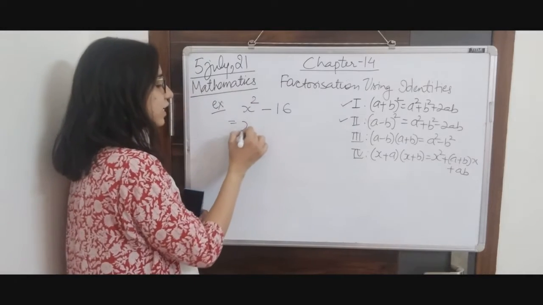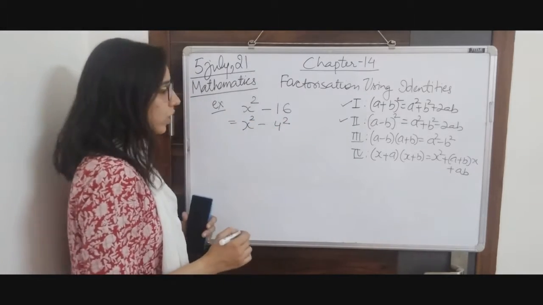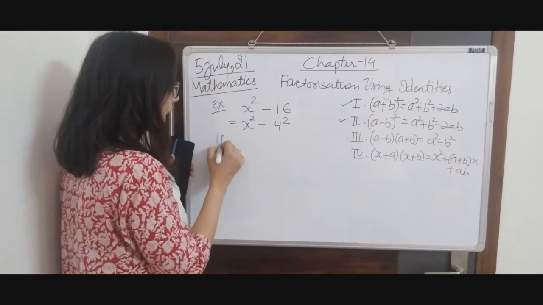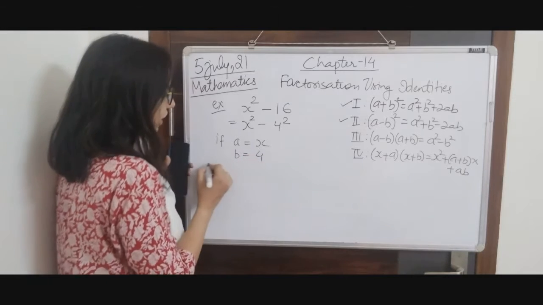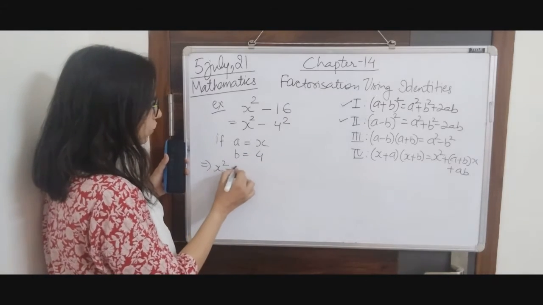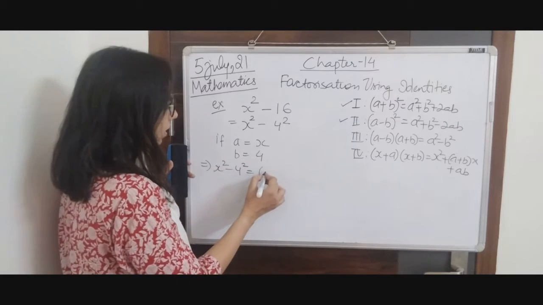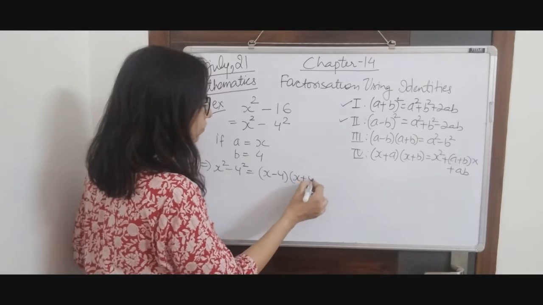We can write this expression as x square minus 4 square. Now if we take a as x and b as 4, we can write x square minus 4 square as (x minus 4) into (x plus 4).